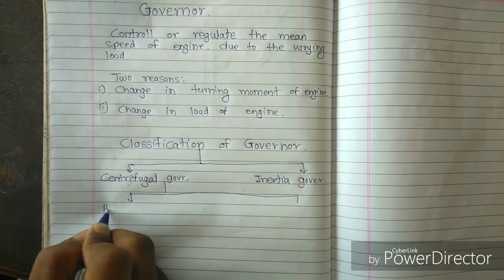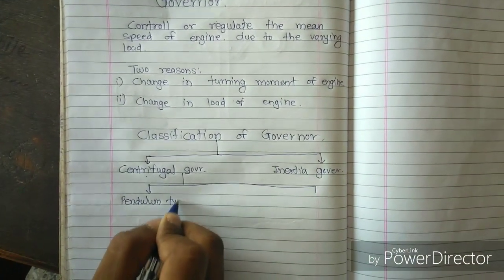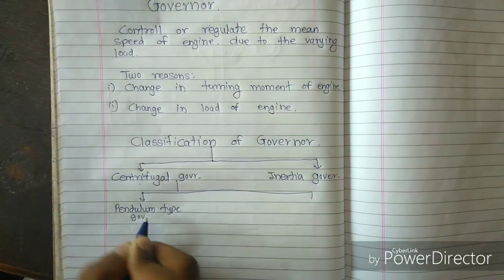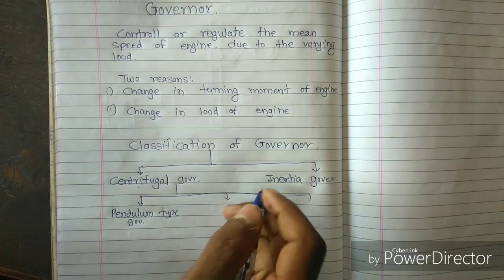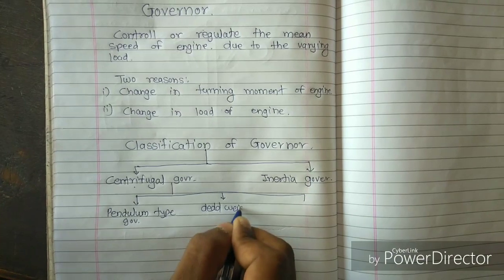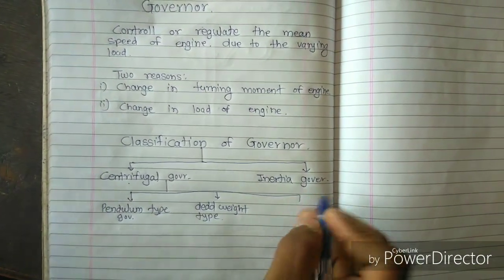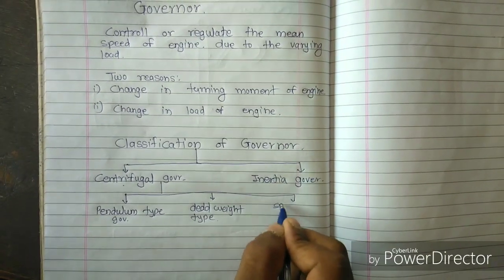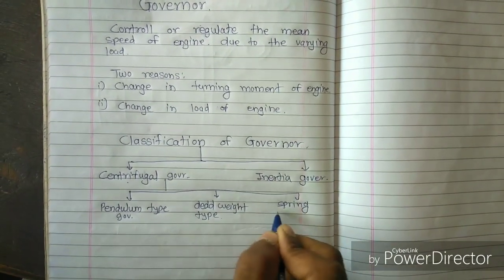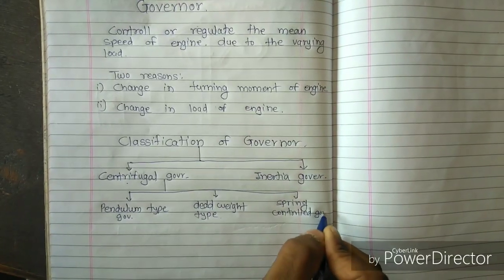First one is called pendulum type governor. Second one is called dead weight type governor, and third one is called spring control governor.